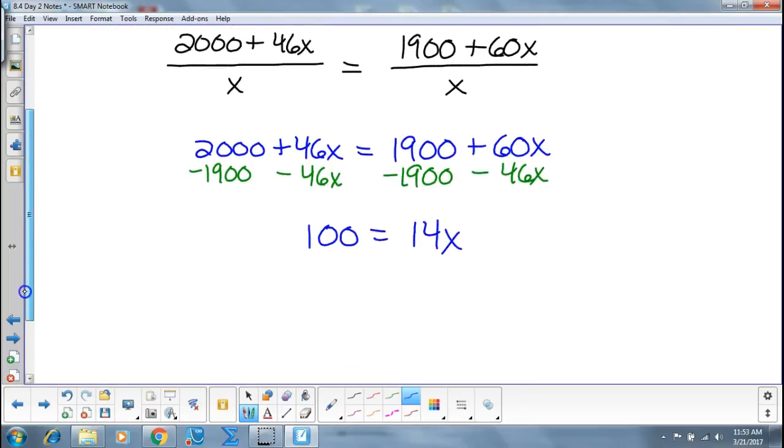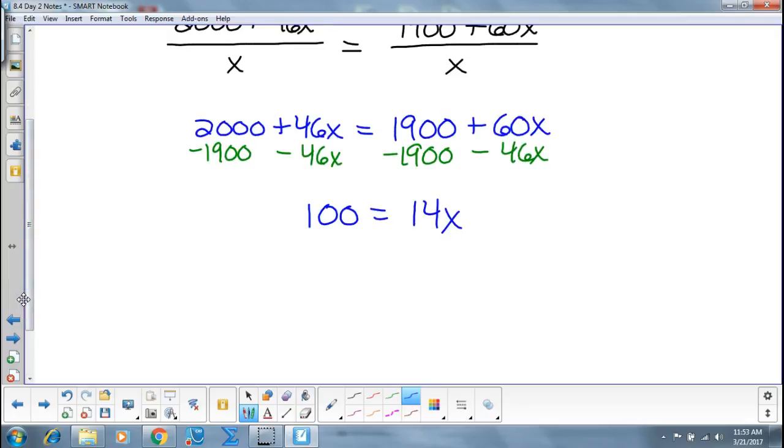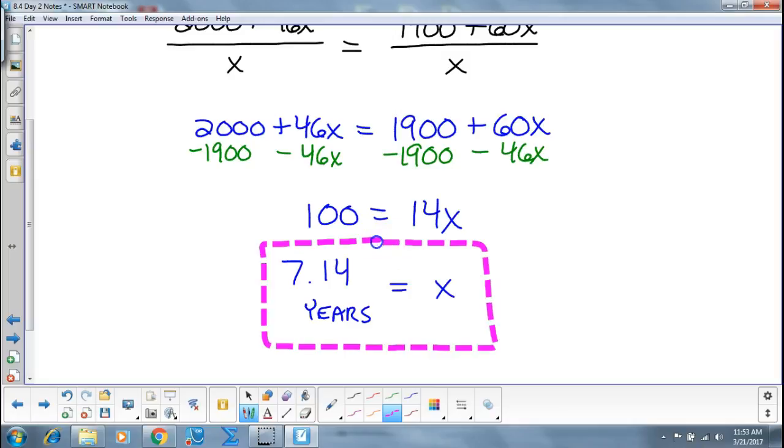So I get x is 7.14 years. So after a little bit more than 7 years, it's more cost effective to get the Energy Star appliance.